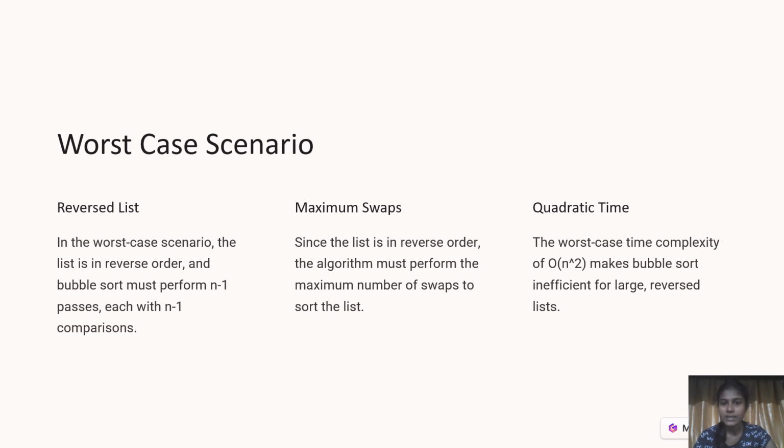Since the list is in reverse order, the algorithm must perform the maximum number of swaps to sort the list. Quadratic time. The worst case time complexity of O of n square makes bubble sort inefficient for large and reversed lists.